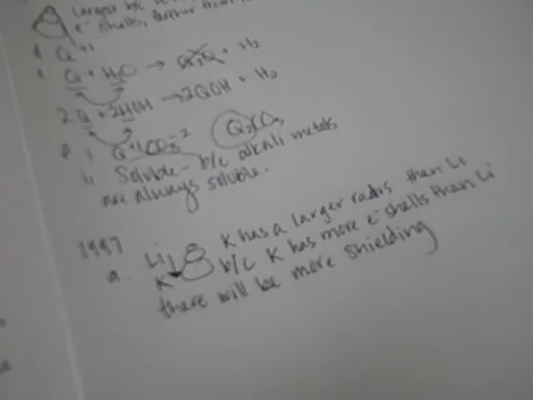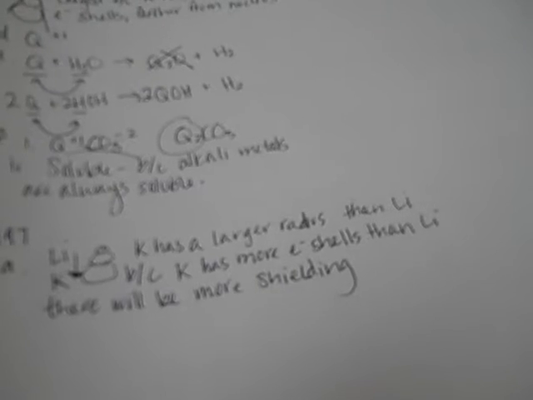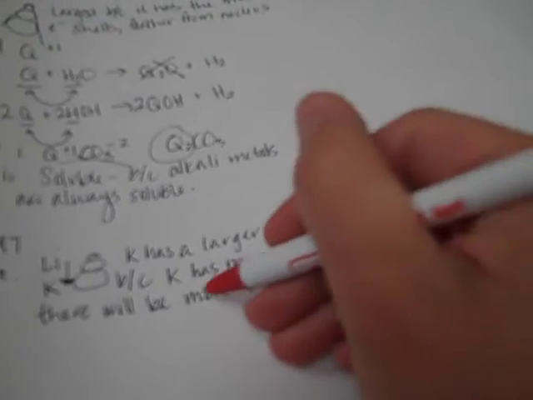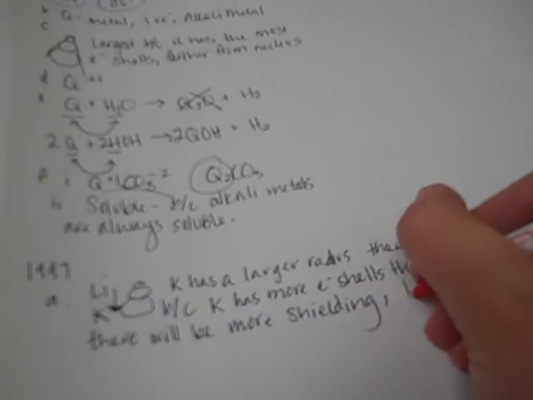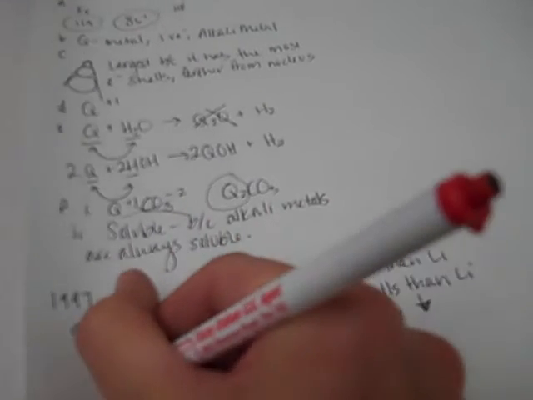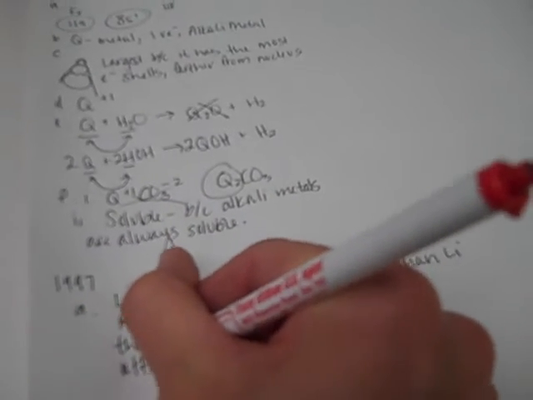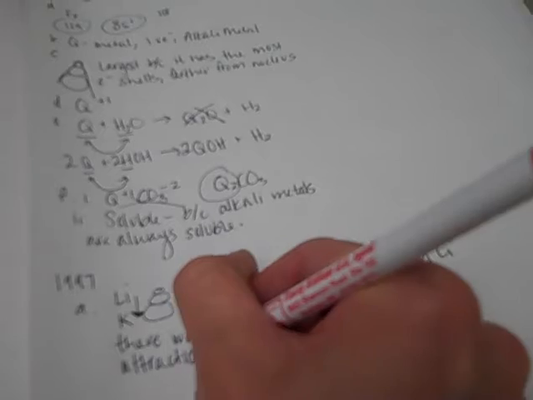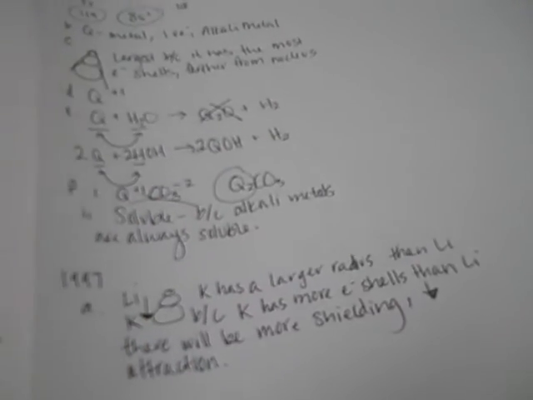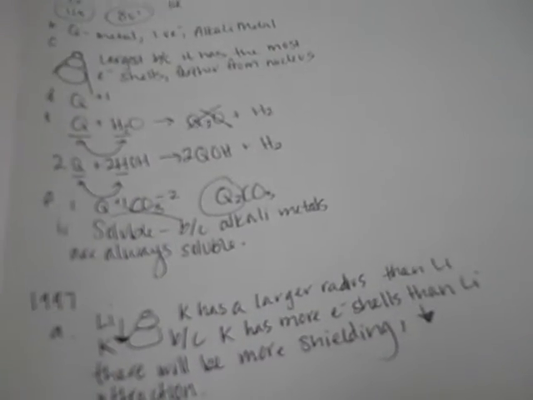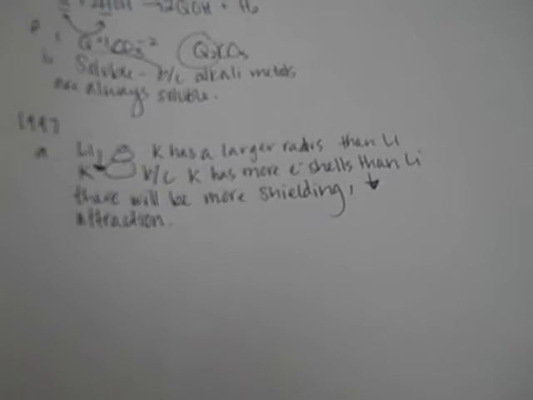So remember, shielding is just when you have inner electrons blocking your outer electrons from the nucleus. So when you have increased shielding, you have decreased attraction. So think for a minute, if you have decreased attraction, what is the energy like that will be needed to remove an electron?